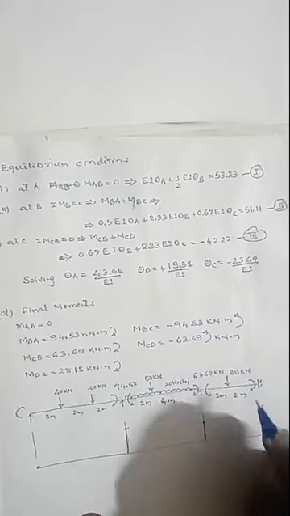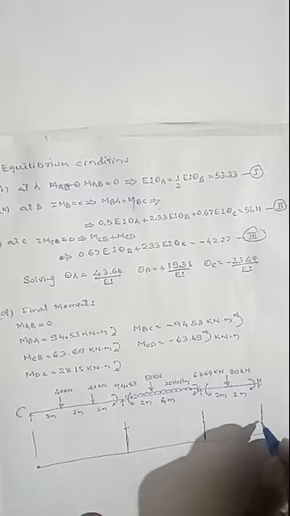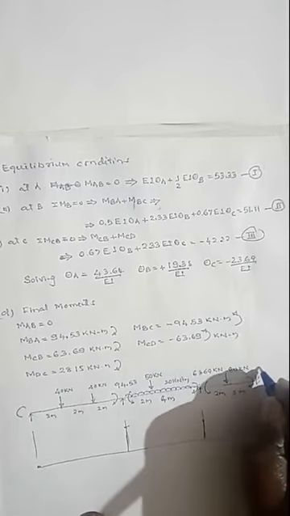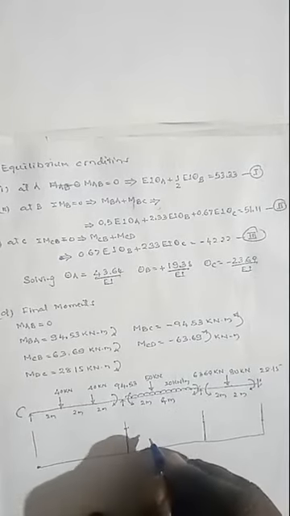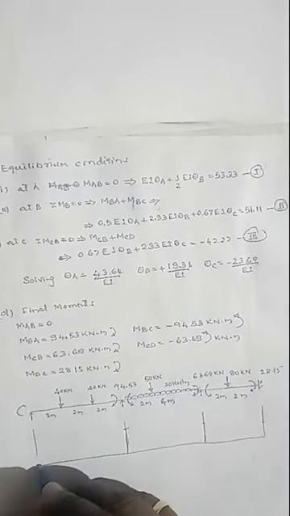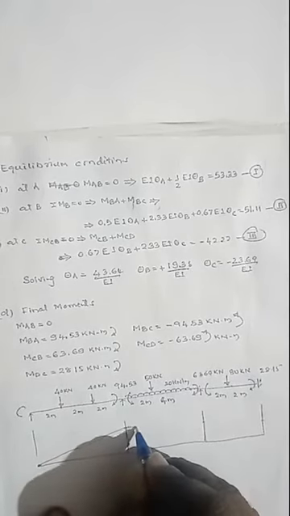The arrow marks are downward, that indicates hogging, and you may consider this one as 28.15. Then these are all the bending moments. Here this is 0, join these by a straight line. This one is the support moment diagram.